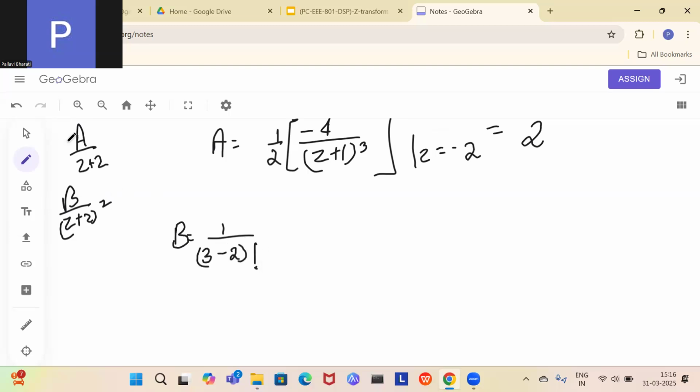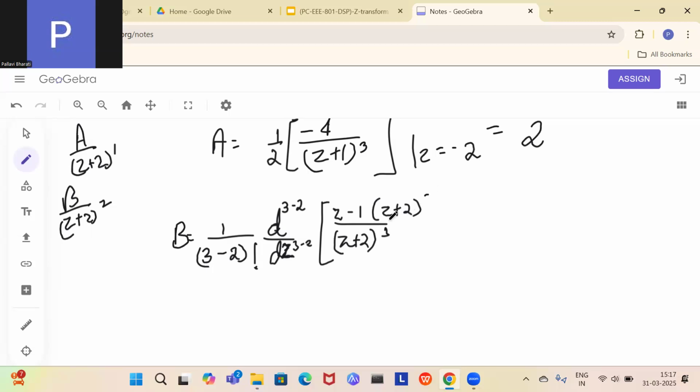In the earlier case, the multiplicity was 1, so we did 3 minus 1. Now the order of differentiation will be 3 minus 2, that is 1. d by dz, and inside this you will be writing the full function: z minus 1 divided by z plus 2 whole cube into z plus 1, multiplied by z plus 2 whole cube.